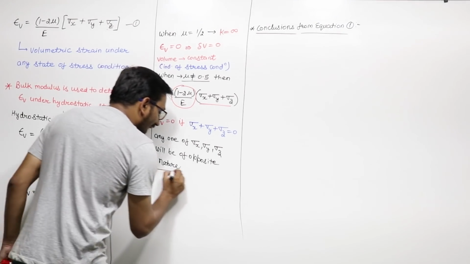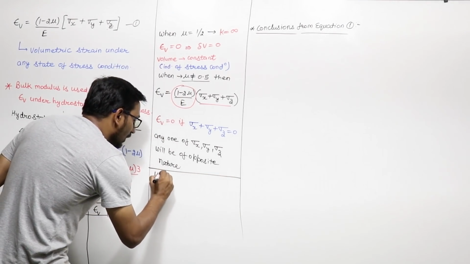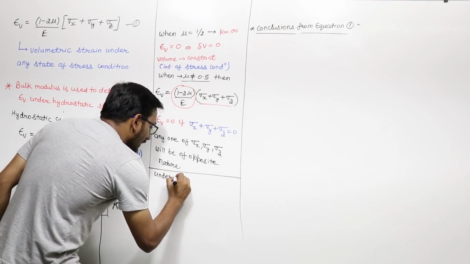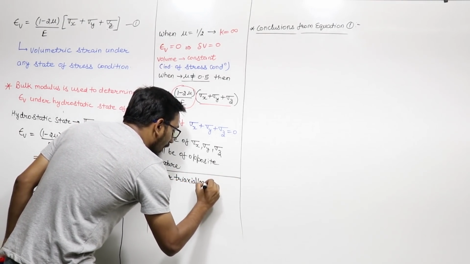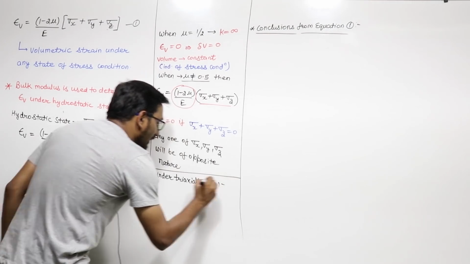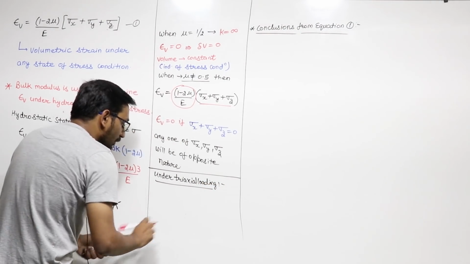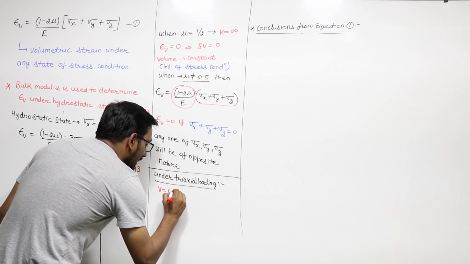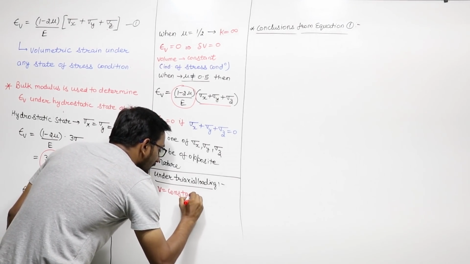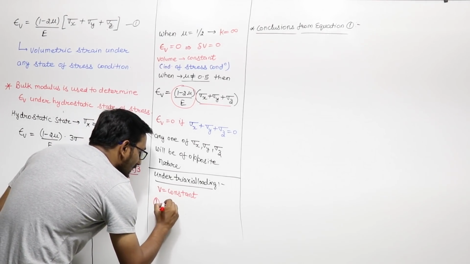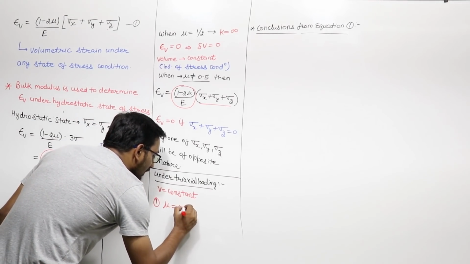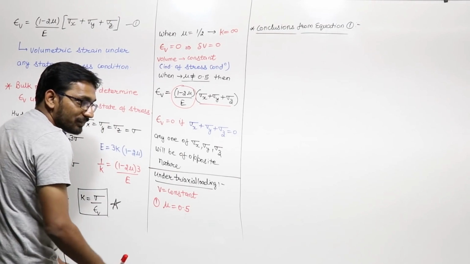So I can say that under triaxial loading, if you want the volume to be constant, you have two options. One is you choose a material whose value of mu is 0.5.